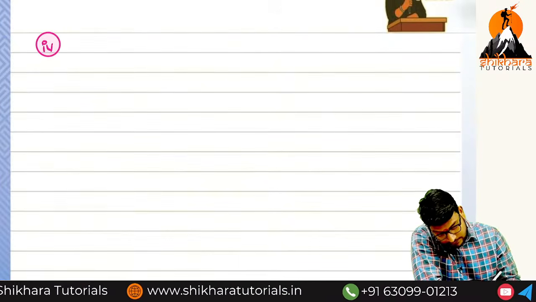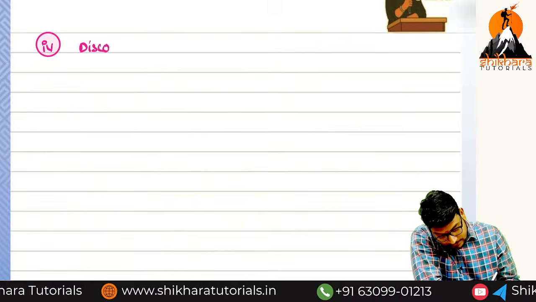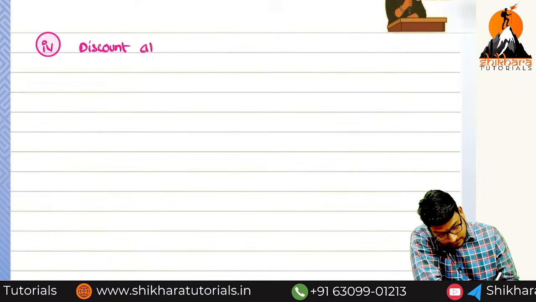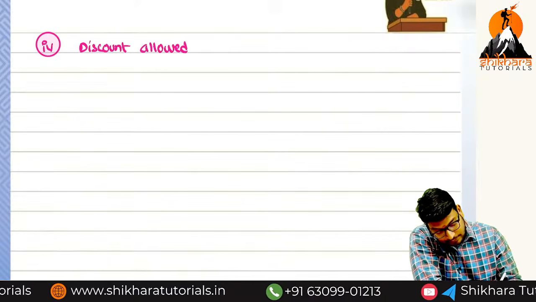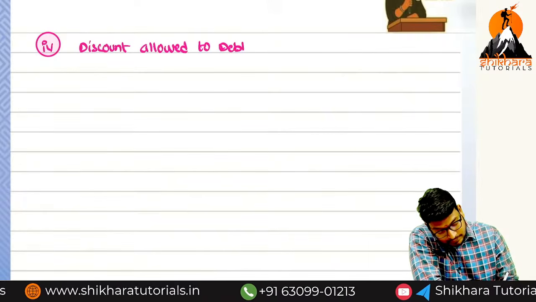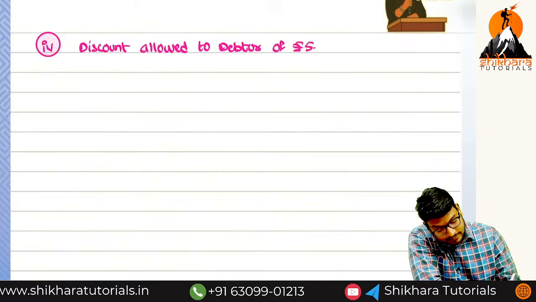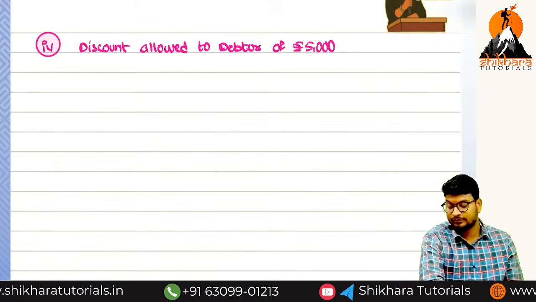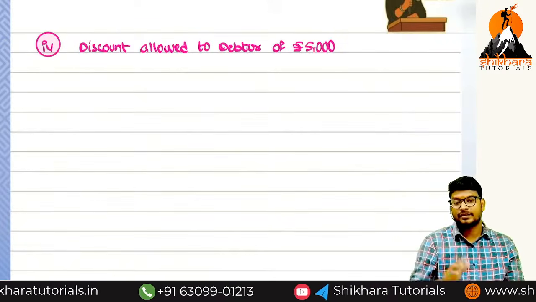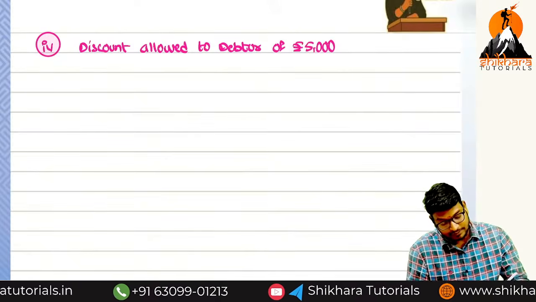Fourth one, discount allowed to debtor of rupees 5,000. Discount allowed to debtor of rupees 5,000. What are the two outcomes?